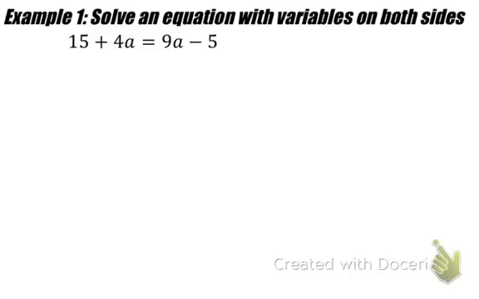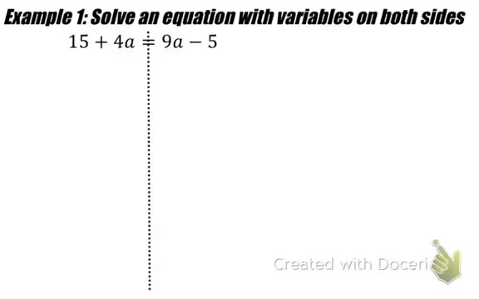So we have to solve an equation with variables on both sides. We're looking at 15 plus 4a equals 9a minus 5. We have the 4a on the left side of the equation and the 9a on the right side. Before we never did this, but because we have variables on both sides, I want to create a divider.